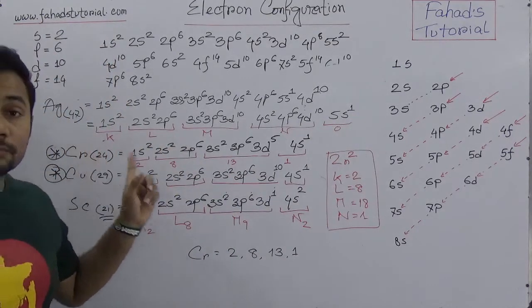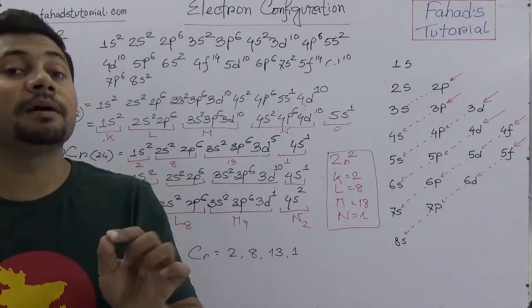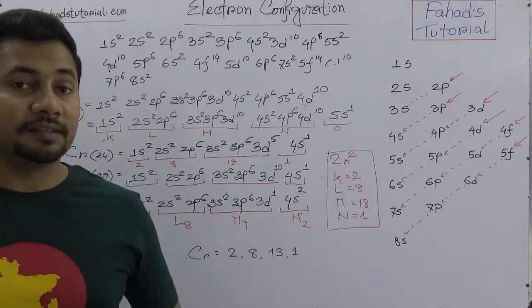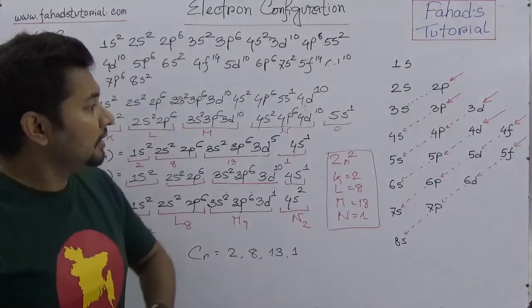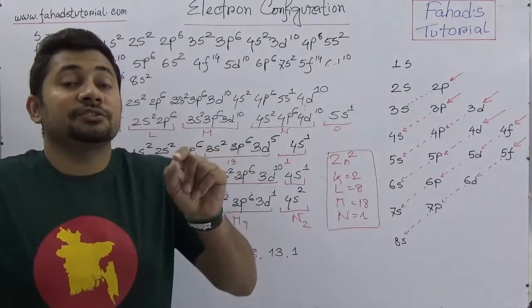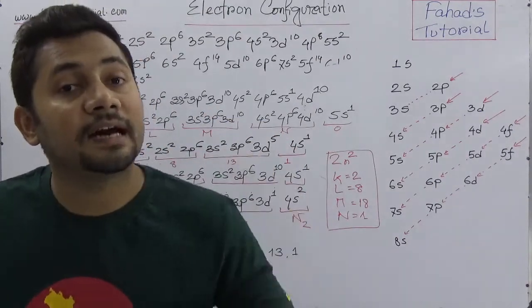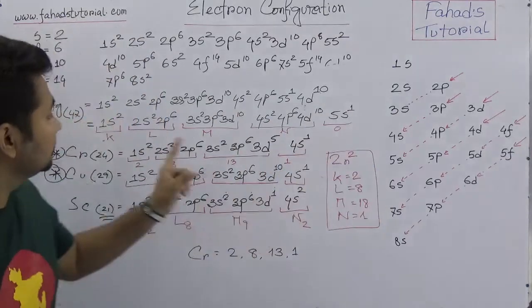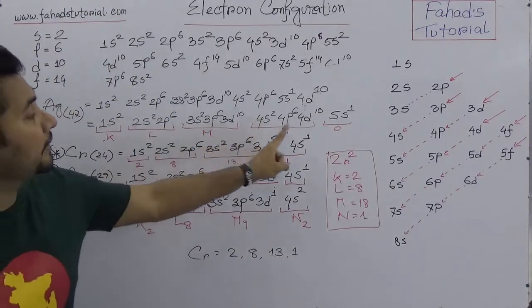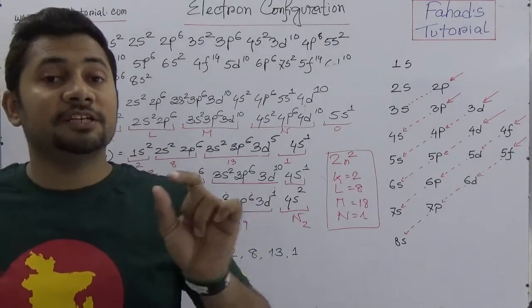So when we do these electron configurations, we need to remember one thing, that we need to go through this way. Of course, based on the energy level, electrons will go to the lower energy level first and then the higher energy level. But when we write the electron configurations, we need to write this way, so that you can understand which levels have how many electrons.